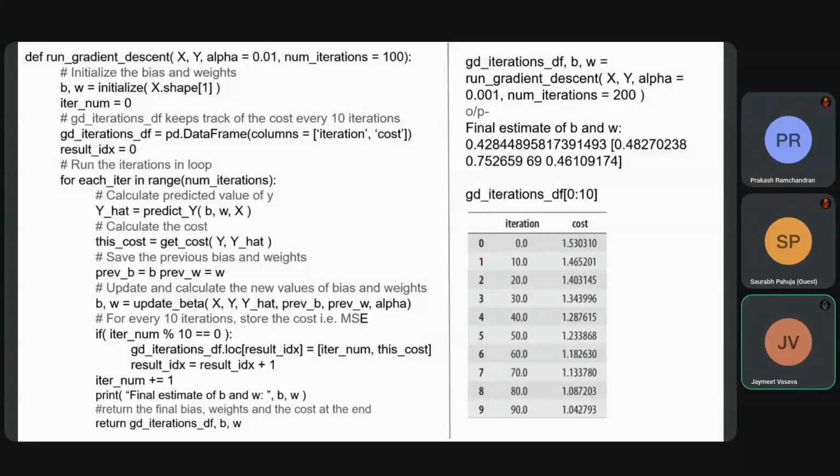So the final estimate after running for 200 iterations gives these values, and these are the top 10 values we get for GD iterations DF, with the iterations and the cost associated with each iteration.